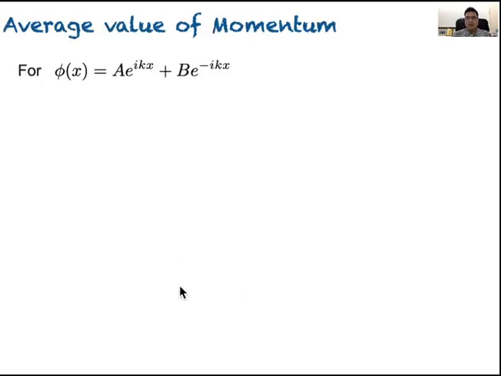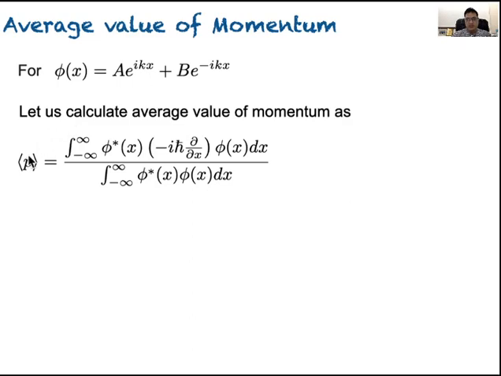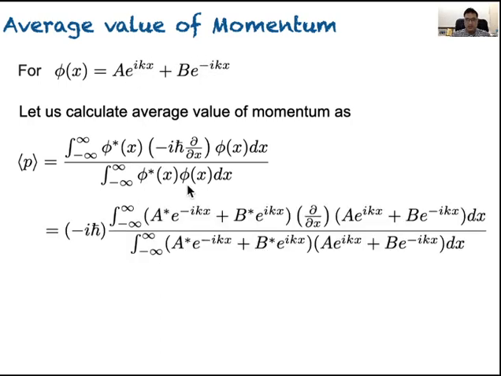Now we can estimate the average value of the momentum. So this is our average value of momentum, and we can substitute this general wave function, which consists of two parts: one traveling left and one traveling right. Once we substitute everything here, I have written my phi star of x as a star e to the power minus ikx plus b star e to the power ikx.